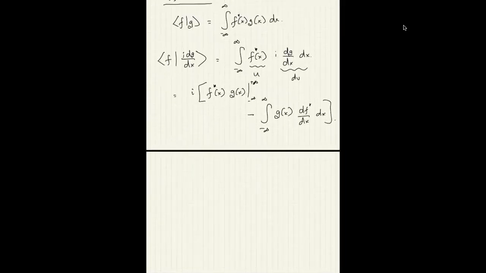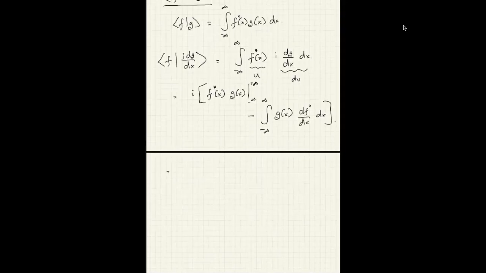So this is nothing but, now the first term, which is f star g between minus infinity and plus infinity, goes to 0 because I'll assume that these are all normalizable functions. And for all normalizable functions, they should not keep growing at infinity. They should all die down at infinity. So these are well-behaved functions that vanish at infinity. So this is equal to minus i integral from minus infinity to infinity of df star/dx g of x dx, okay?